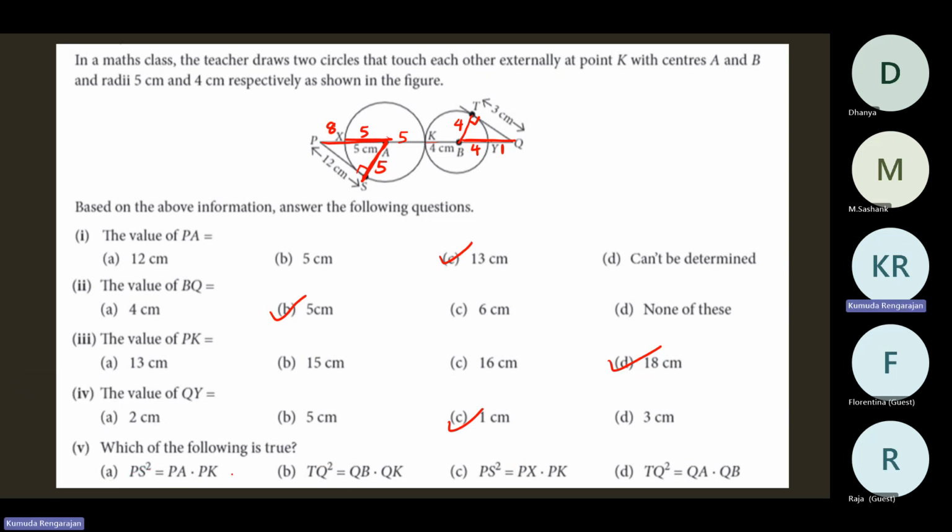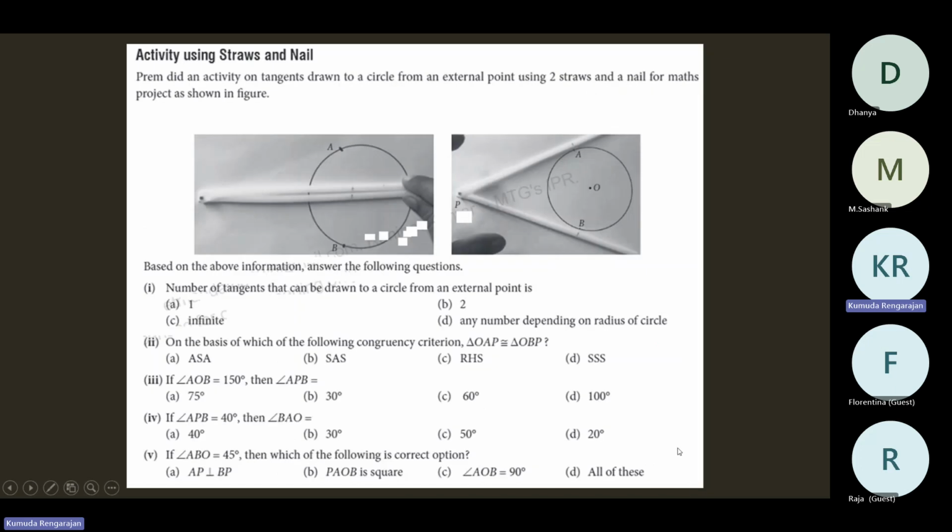We have two expressions for PA square and for TQ square. So PA square is equal to hypotenuse PA square. I'll just put myself on mute and work it, children.